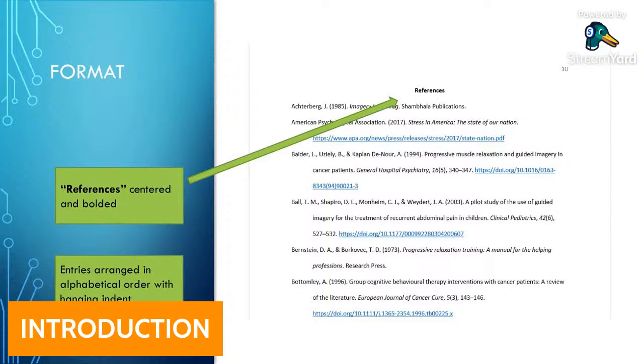Suppose we use 20 references for our research work, citing 20 different people. For example, if we have Alex and Beatrice, then Alex should be at the top, and after that comes B. So we should keep the alphabetical order of the references in mind.